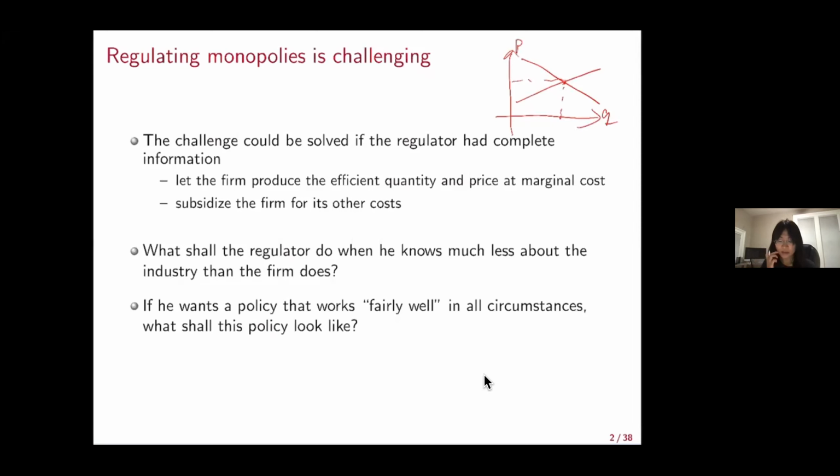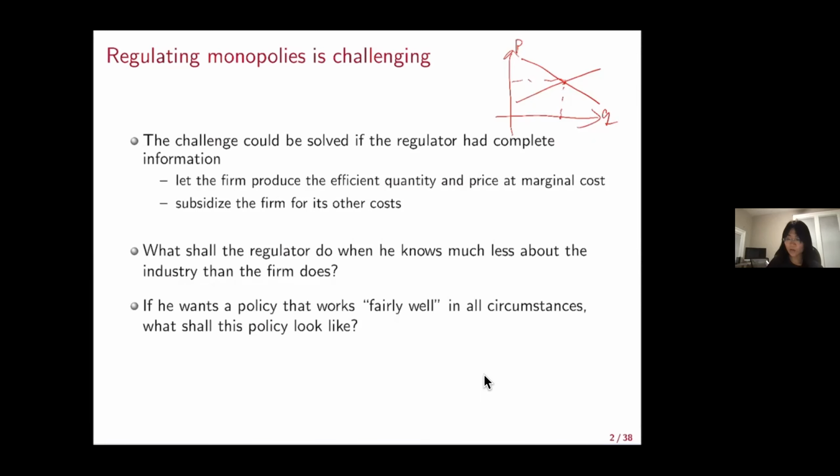Now, in this paper, we want to understand what the regulator should do when he knows much, much less about the industry than the firm does. In particular, if the regulator demands robustness and wants a policy that works fairly well in all the circumstances, what should this policy look like?